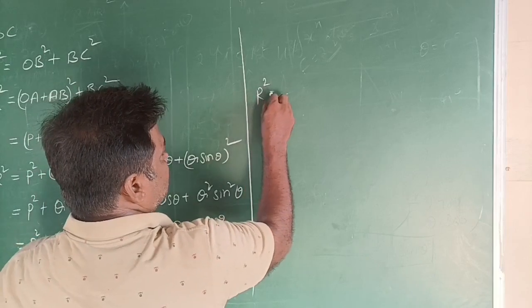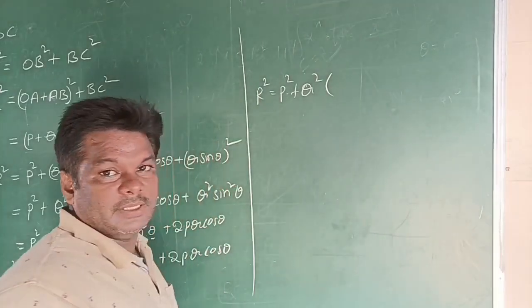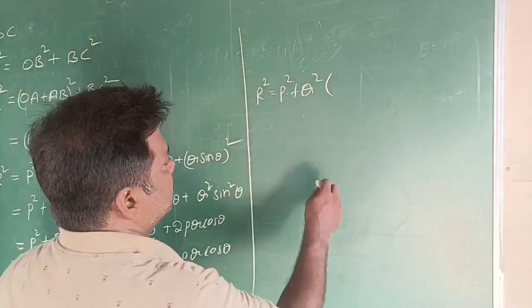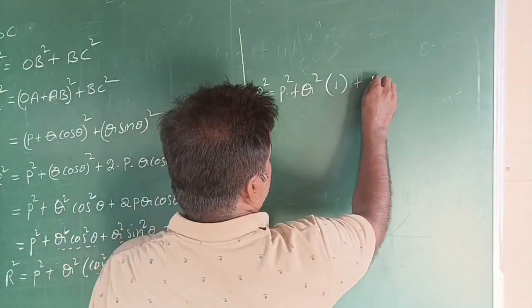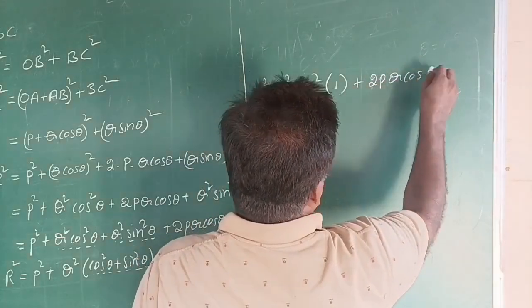R square is equal to P square plus Q square. What is the value of sin square theta plus cos square theta? It is equal to 1. So I will write 1, plus 2PQ cos theta.